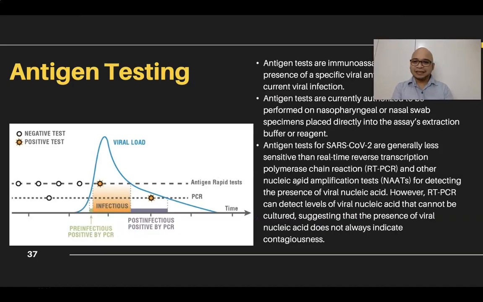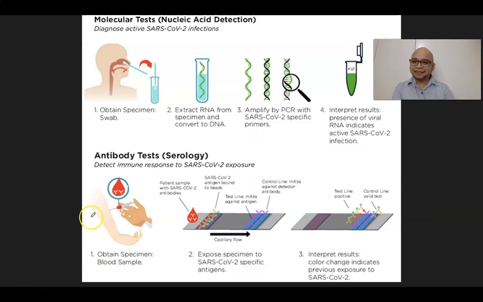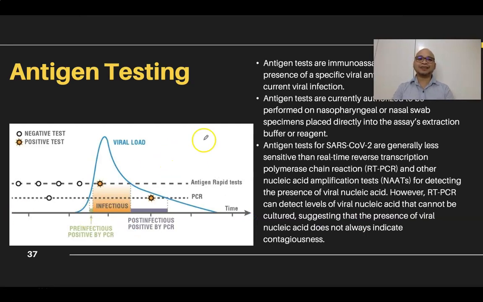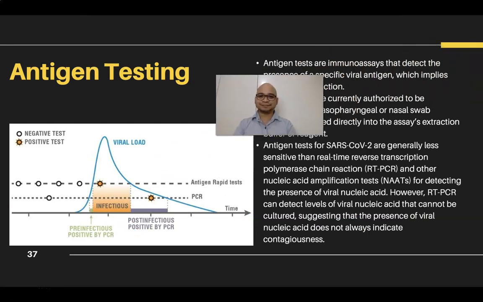And that is actually much different from antibody testing, because in antibody testing, you simply determine whether the person has antibodies against the SARS-CoV-2 virus. So later on, we will be explaining the antibody testing. But for now, let's talk about the antigen testing.